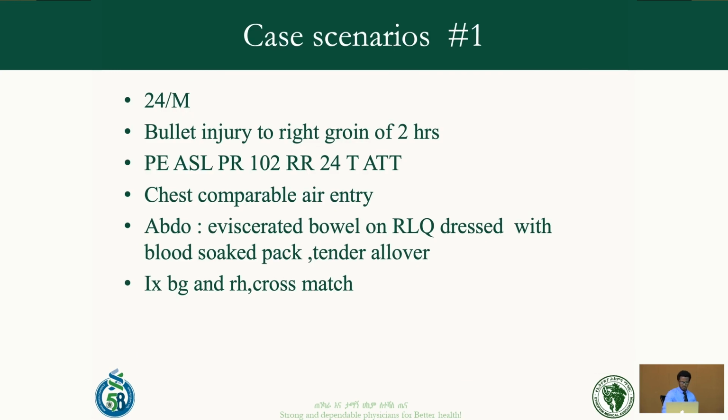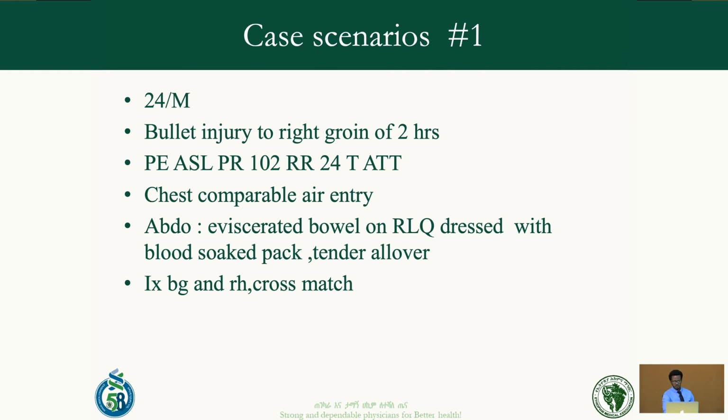So finally, I will discuss only 3 case scenarios of patients who were managed in the hospital. The first patient is a 24-year-old male who sustained a bullet injury to the right groin 2 hours before. On physical examination, he is acutely sick looking with pulse rate of 102 and respiratory rate 24, and he has comparable air entry.